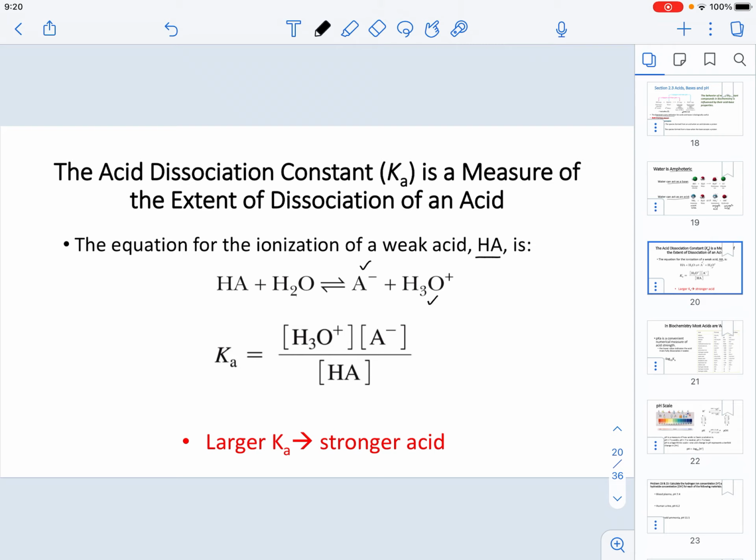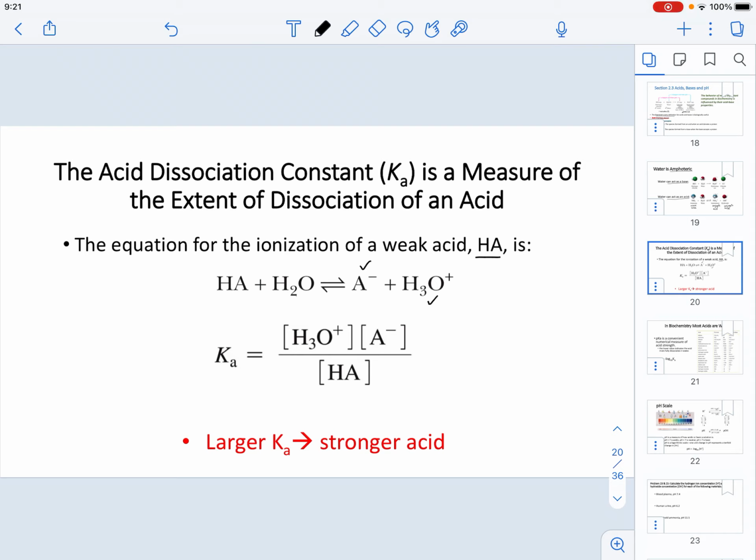So the Ka, understand, because this is a dissociation constant, when we write it, is going to be the concentrations of the products on top divided by the concentration of the reactants.